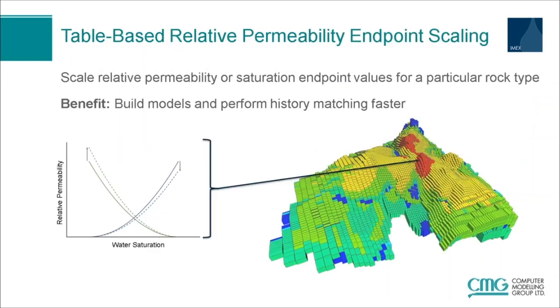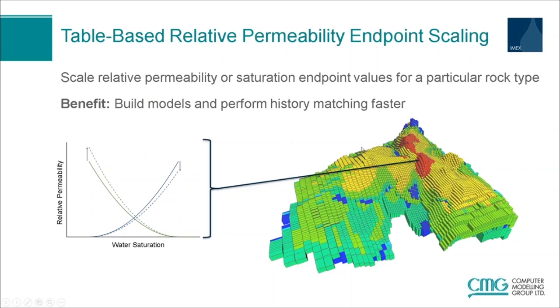Next, we'll look at a couple of new relative permeability options that have been added to IMEX this year. The first of which is table-based relative permeability endpoint scaling. This method of endpoint scaling for relative permeability is particularly useful if you've built your reservoirs using facies or rock types. For example, on the screen here, we have shown on the right side a reservoir that has 5 different facies or 5 rock types.